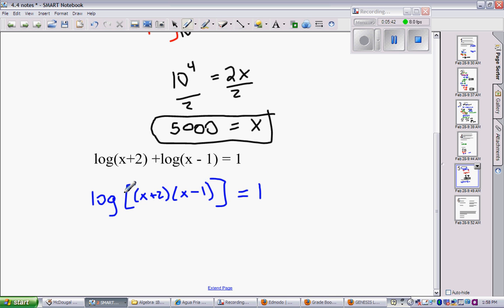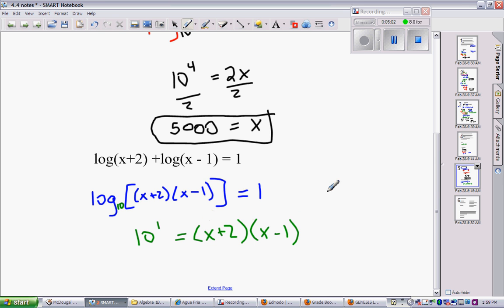This is log base 10 because there's nothing written, so we change it to exponential form: 10 to the first equals x plus 2 times x minus 1. That to the first power doesn't do anything.